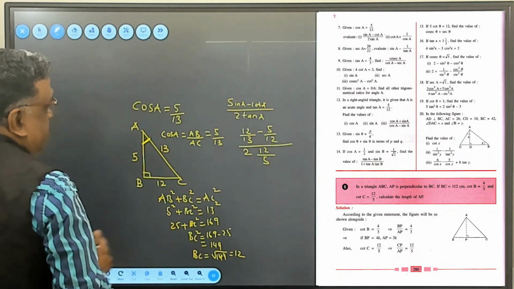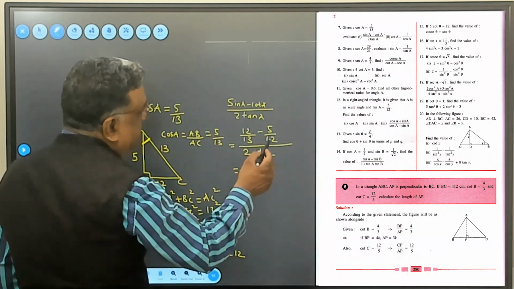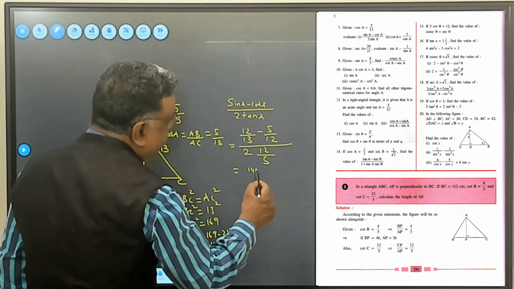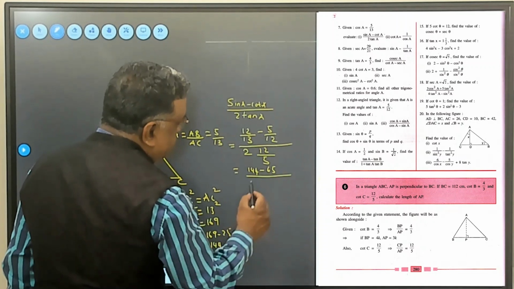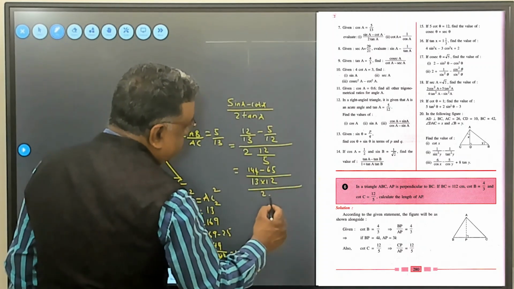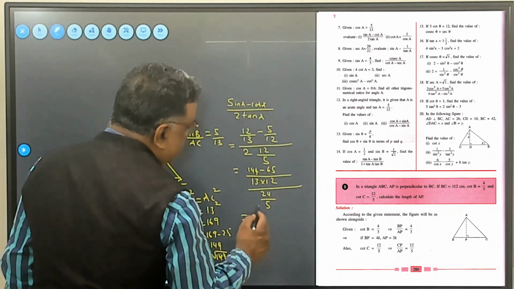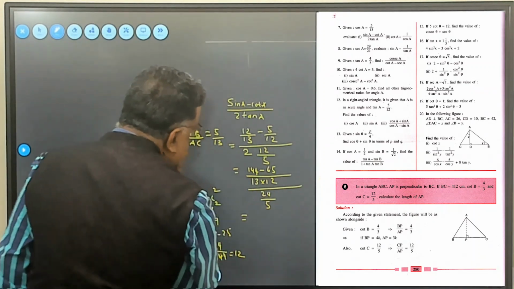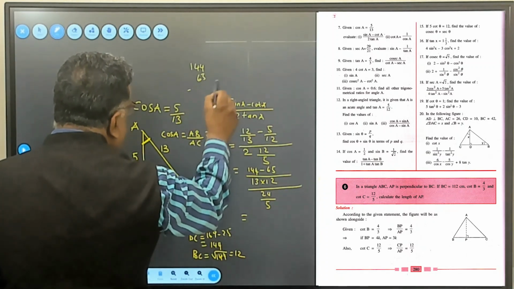2 into 12 by 5. Correct? So now this will be 144, this will be minus 65, and this will be 13 into 12 upon 24 upon 5. So this is how it became. Let us understand 144 minus 65.